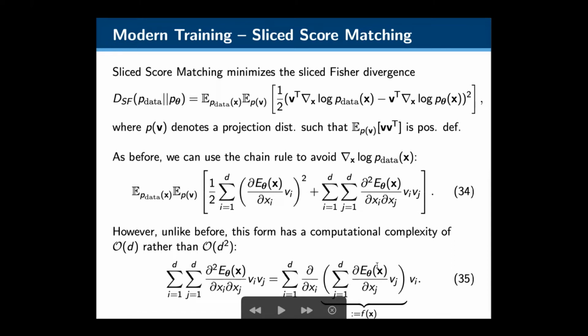And the key thing to note is that the bracketed term for a given index i is a constant. And so what this means is that the computational complexity is now order of D rather than order of D squared. And so sliced score matching is actually quite computationally efficient, and again avoids the noise issue from before.